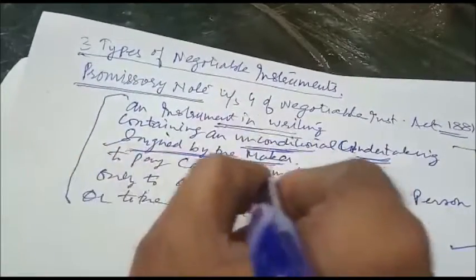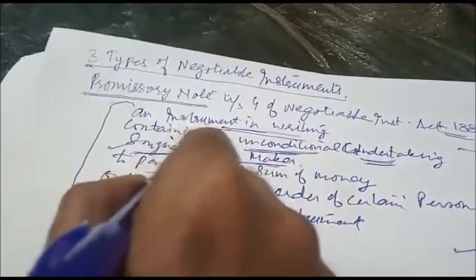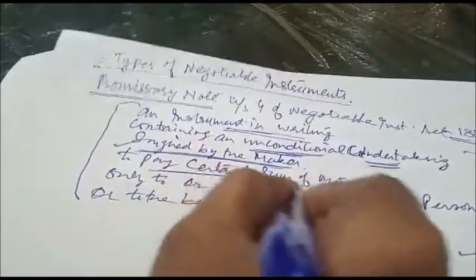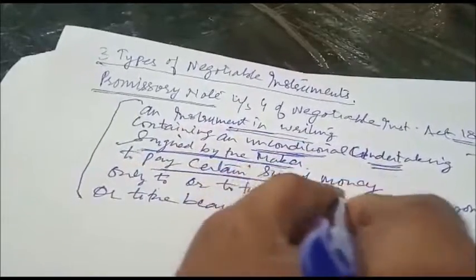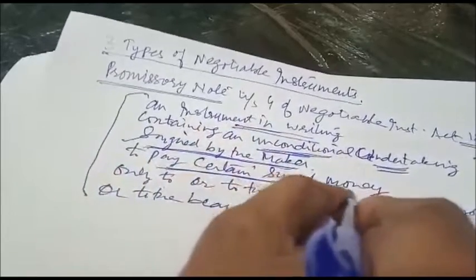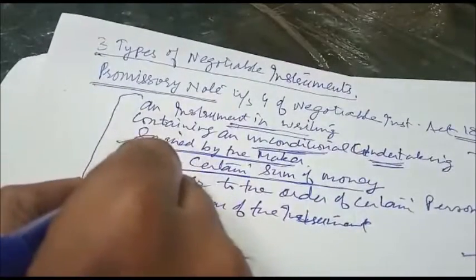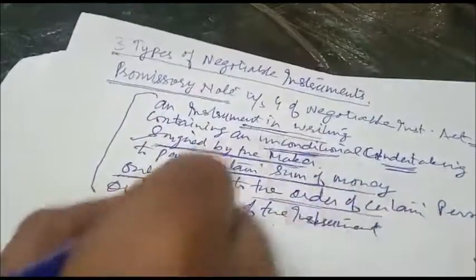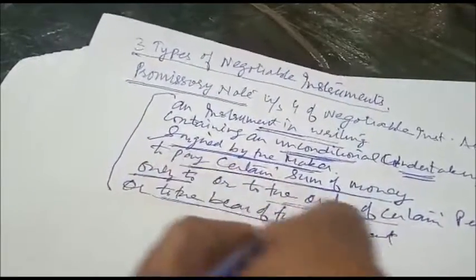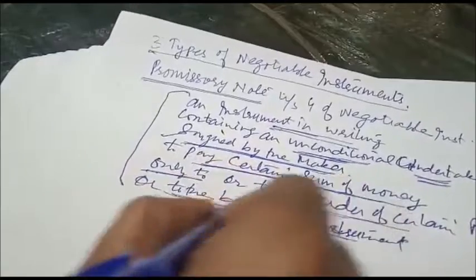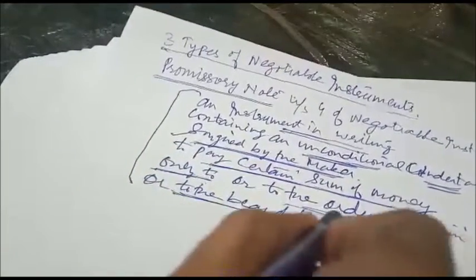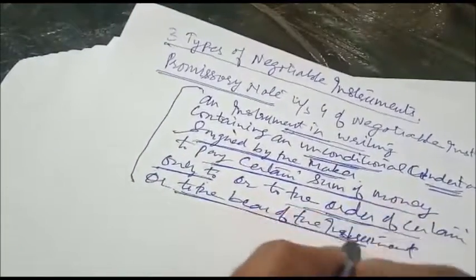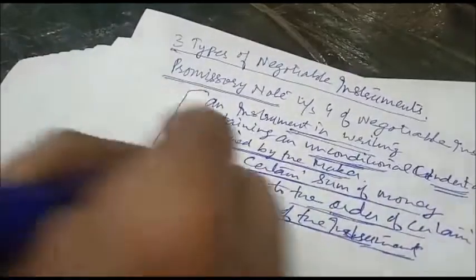And the money should be certain, a definite sum, payable only to, or to the order of, a certain person or to the bearer of the instrument. This means the instrument may be payable either to order or to the bearer.